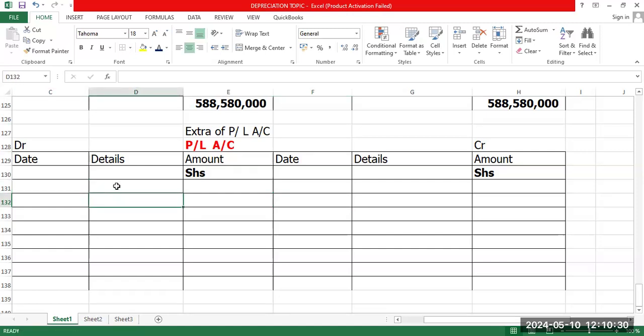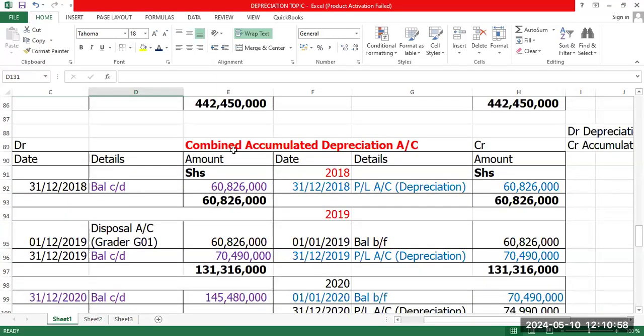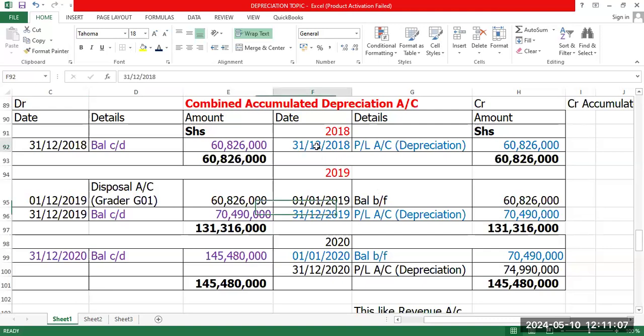So just what you will do, maybe you can leave it like here in 2018. What we put here, in 2018, you go back to your accumulated depreciation account, and where you see profit or loss account, you just copy.